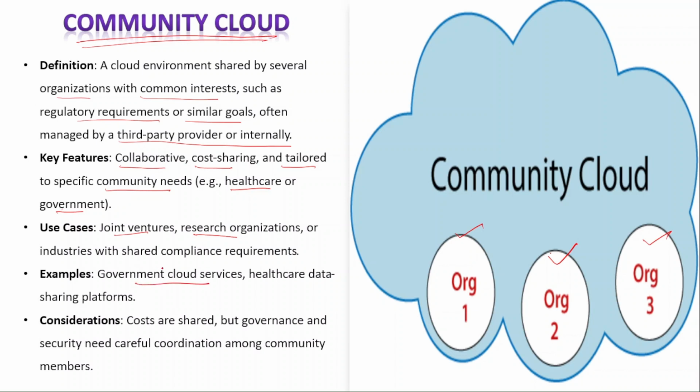So of course, when government has cloud service, it may be shared among multiple government organizations. Healthcare data sharing platform. So this healthcare data sharing platform may be used by multiple healthcare providers and hospitals. Considerations include cost are shared, but governance and security need careful coordination among community members.